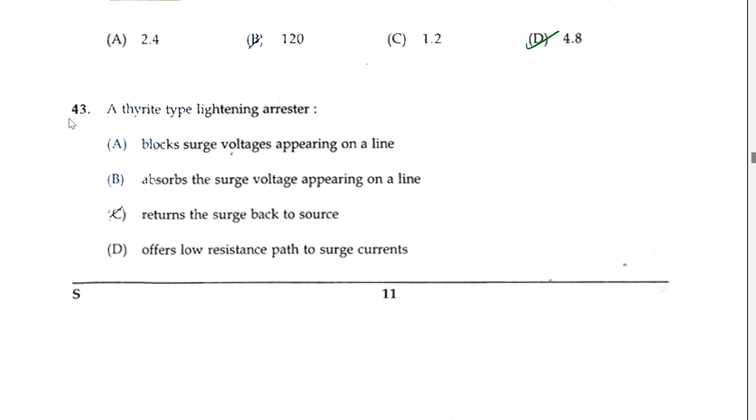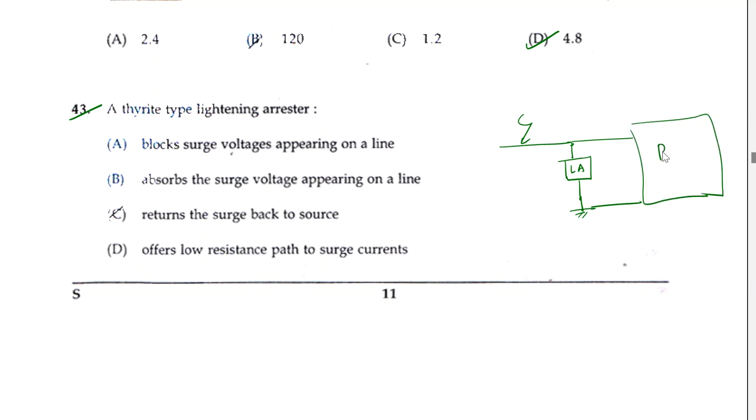Next question here. A thyrite type lightning arrestor. Whenever lightning falls on the transmission line, there is a device called a lightning arrestor. From this line, we are connected to some equipment such as a transformer or any equipment that belongs to the power system.